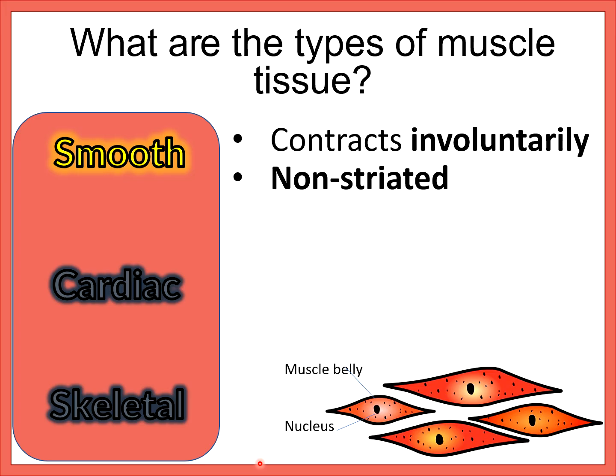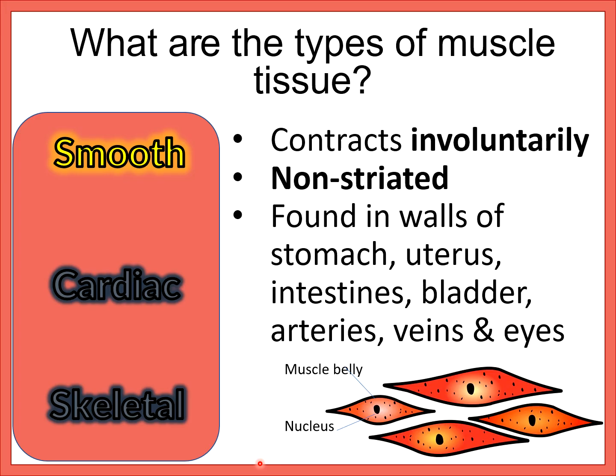They're smooth in appearance, meaning they don't have any of these stripes or striations that we're going to see in the other tissue types. So it's said to be non-striated. We're going to find this in the walls of the stomach, uterus, intestines, our bladder, in our veins, arteries, and in our eyes.